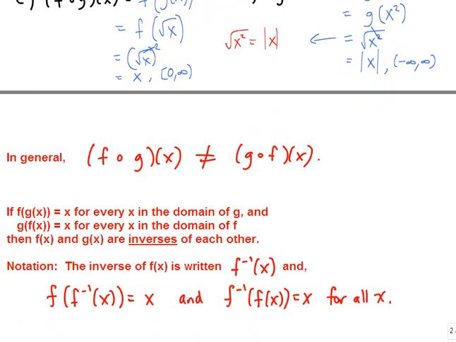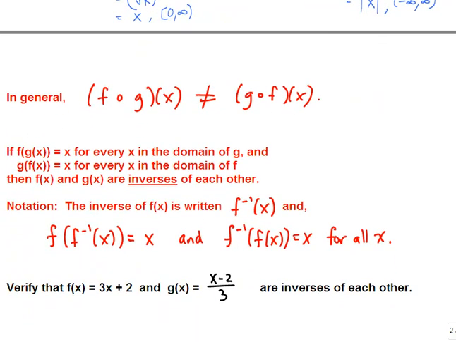Alright, in the next summary here, I just want to point out a comment we made earlier. In general, f composed with g at x doesn't necessarily always equal g composed with f at x, so order matters. Sometimes it does, but not always.